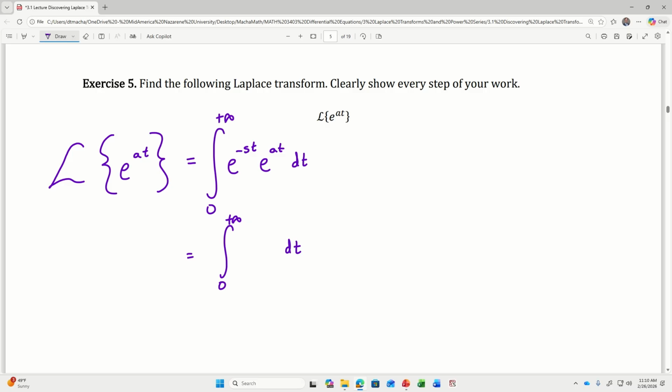You can add the exponents together, right? Yep. So I could write e to the power something times t. What goes in the parentheses? Negative s plus a. Yeah, or I could say a minus s.